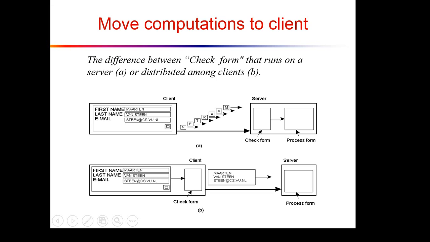In figure A, you can see the check form is done on the server side. In client-server systems, there are some clients that are connected to one server. The clients must send information to the server, the server processes the information and sends the response to the client.